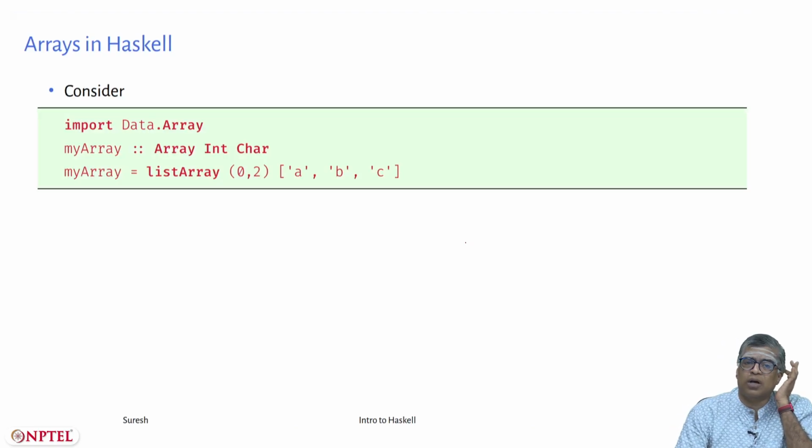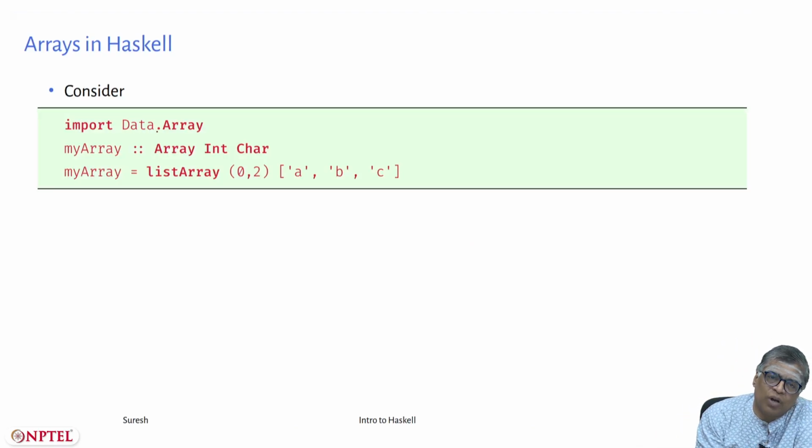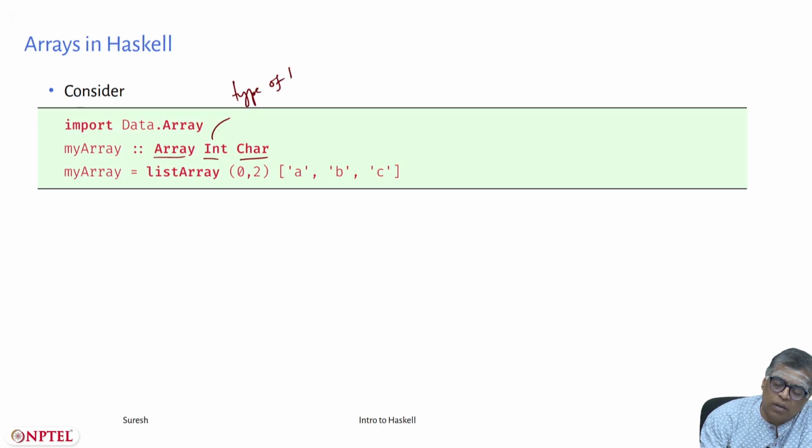So here is what we do. You have to import Data.Array, and you can actually declare an Array Int Char. What is this Int? This Int is the type of the index, the array indices. And Char is the type of the value stored in the array.